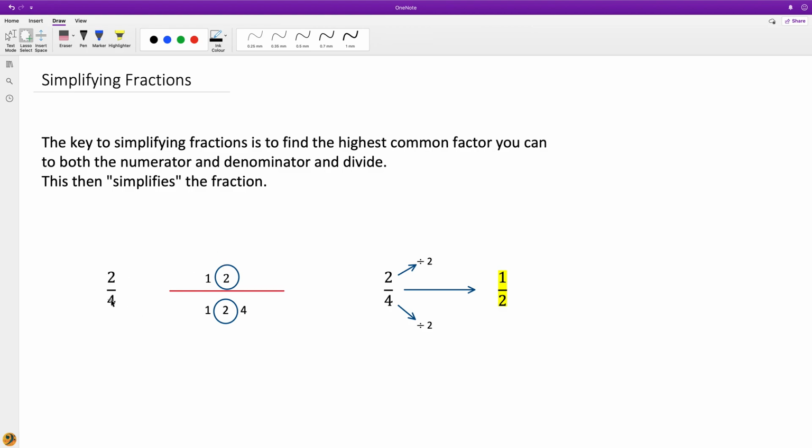Exactly the same for 4, our denominator. The factors of 4 are 1, 2, and 4, because 1 multiplied by 4 gives 4, and 2 multiplied by 2 gives 4. When a factor repeats like 2 times 2, we just represent it once. We don't have to write a second 2.